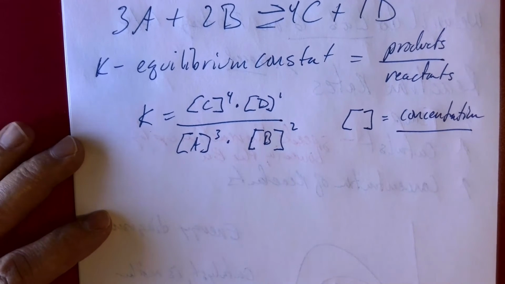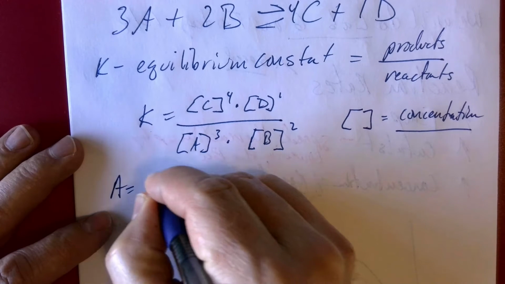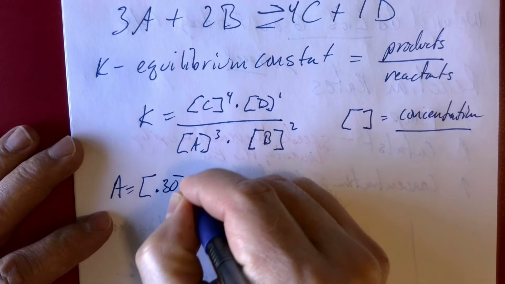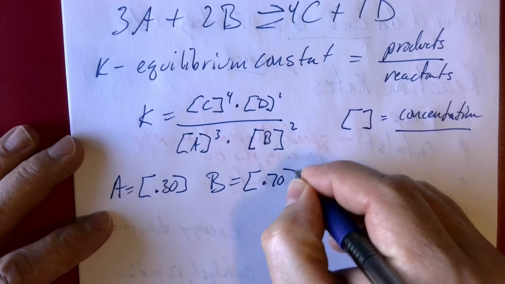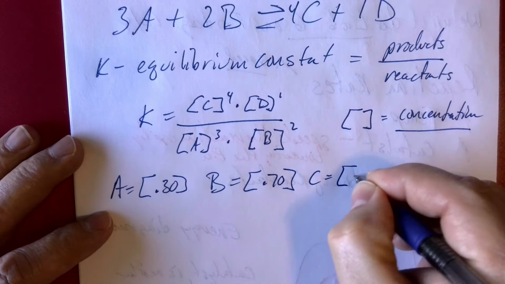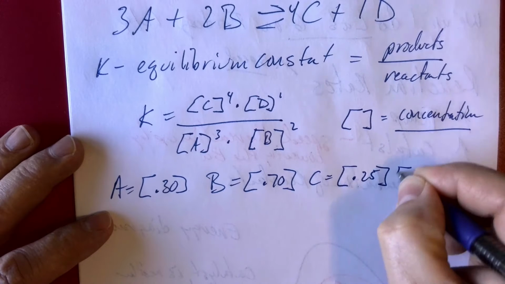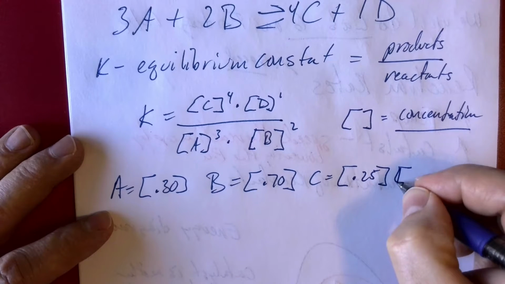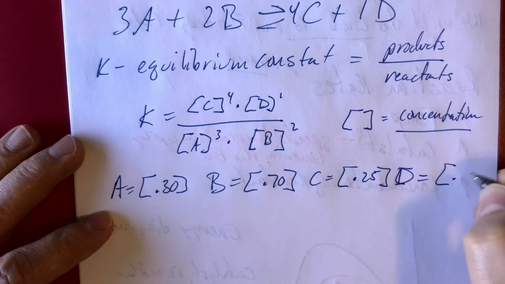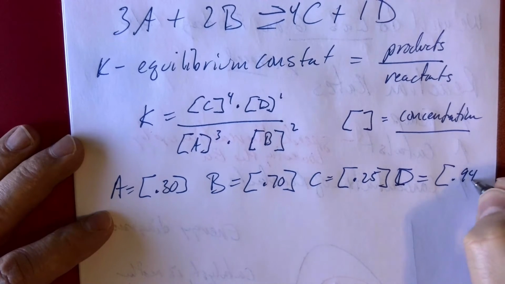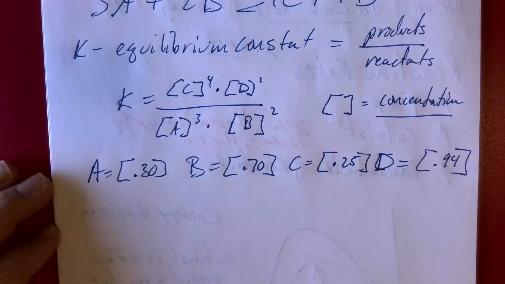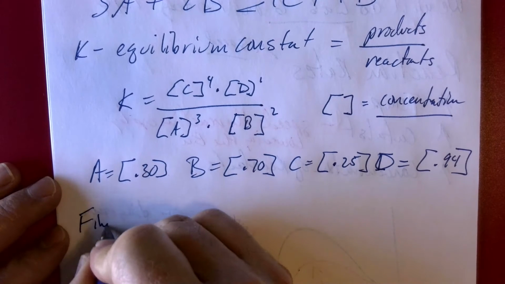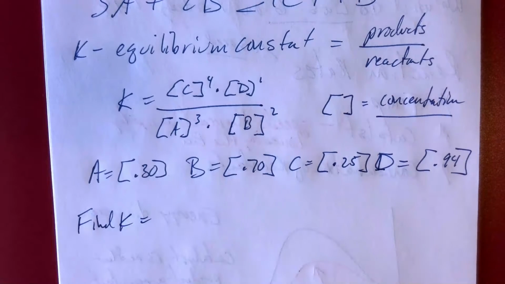Okay? And what they'll do is they'll give you something like this. They'll say that, you know, A has a concentration of 0.30, B has a concentration of 0.70, C has a concentration of 0.25, and D has a concentration of 0.94, something like that, right? Okay. Now, then they'll simply say to find K. Now, if you have a calculator at home, you need to do this.